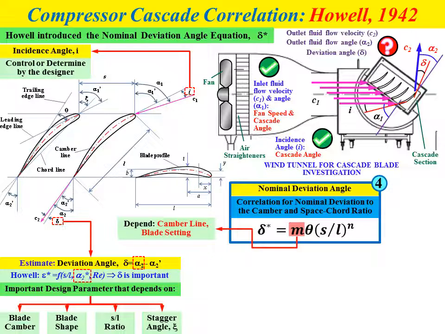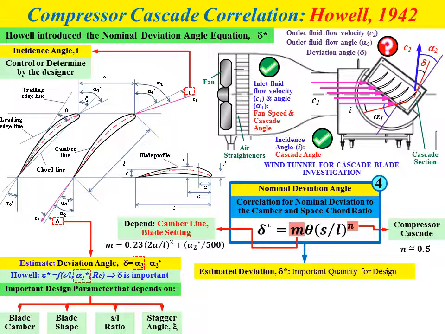The value of m depends on the camber line and also the blade setting, and we can obtain the value of m by using this equation, where m equals 0.23 multiplied by bracket 2a over L squared plus bracket alpha 2 star divided by 500. However, for the compressor cascade, the value of n is fixed at approximately 0.5. We just substitute n equal to 0.5 in the equation.